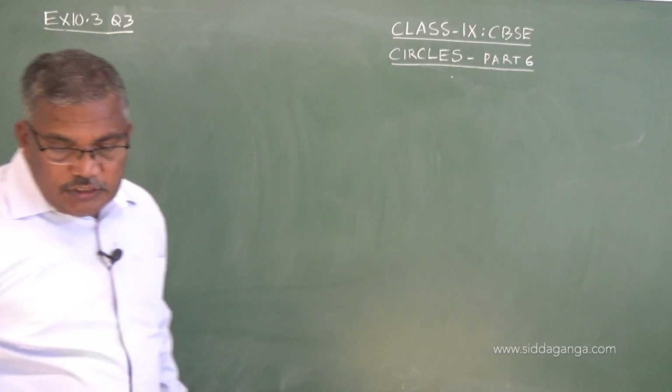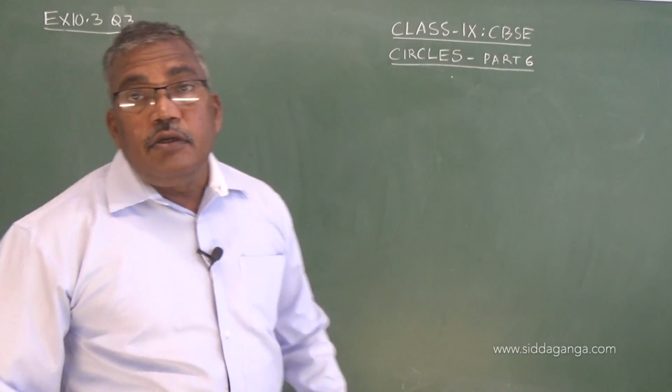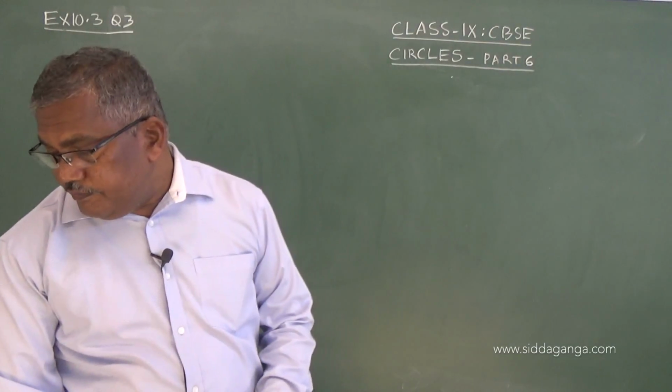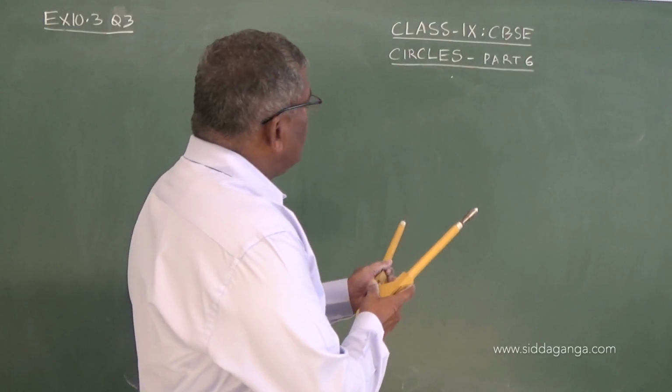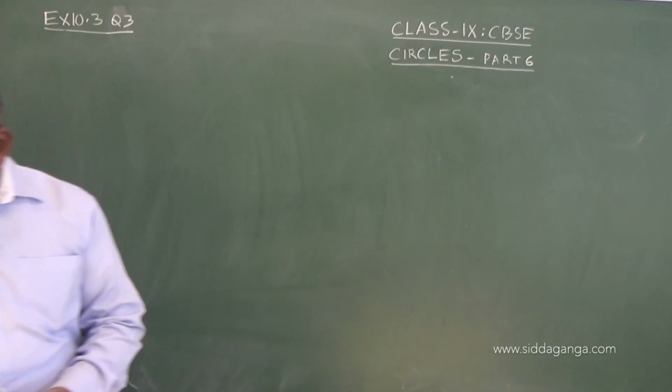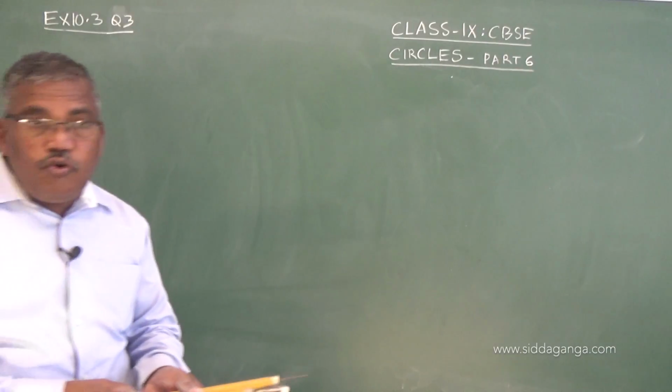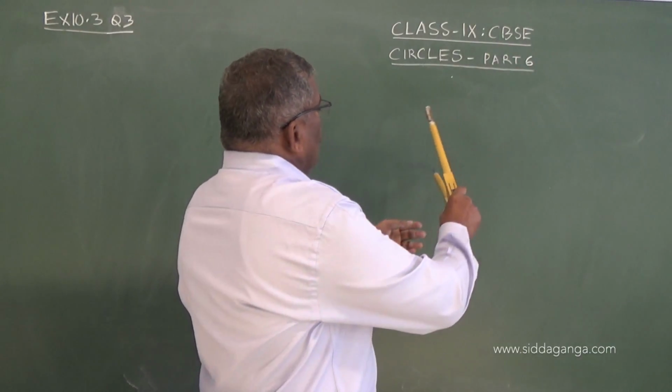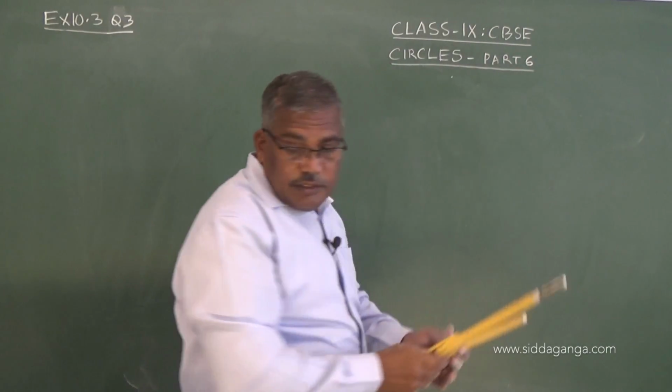So, first to understand the problem, you have to draw the diagram. When two circles intersect at 2 points, it was like this.